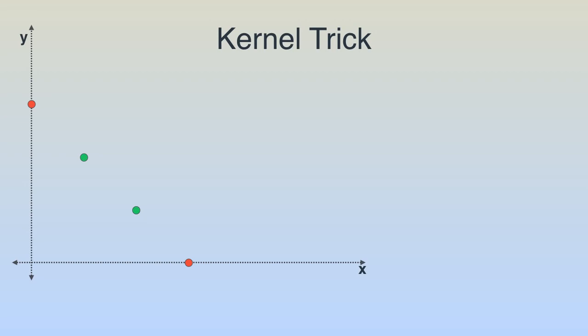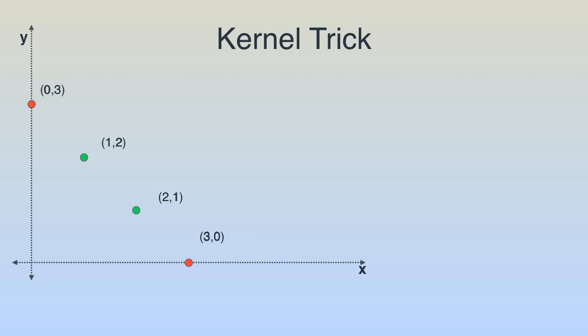Let's start with the curve trick. So let's start by putting coordinates on the points. This one is the point 0, 3, this one is 1, 2, this one is 2, 1, and this one is 3, 0. And what we need is a way to separate the green points from the red points.